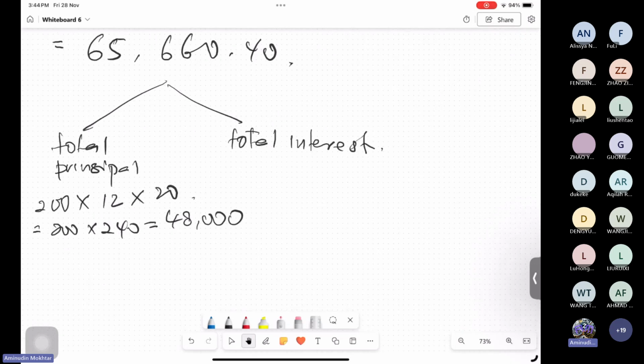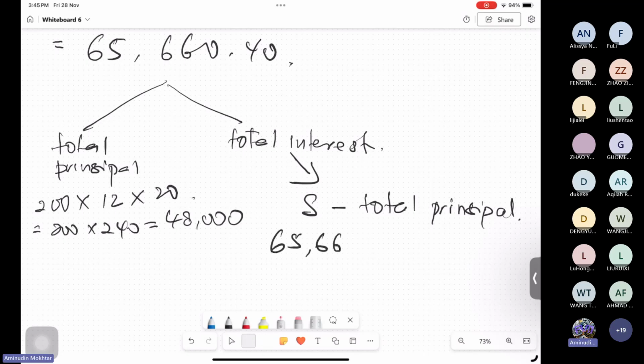The total interest is equal to the future value of annuity S minus the total principal. S is equal to 65,660.40 minus the total principal 48,000.